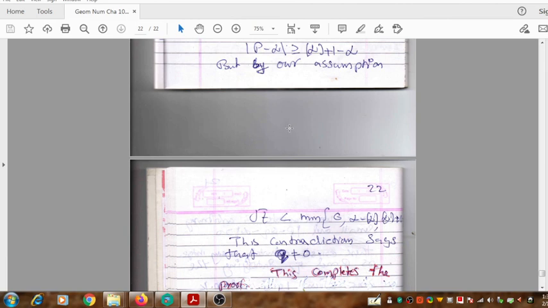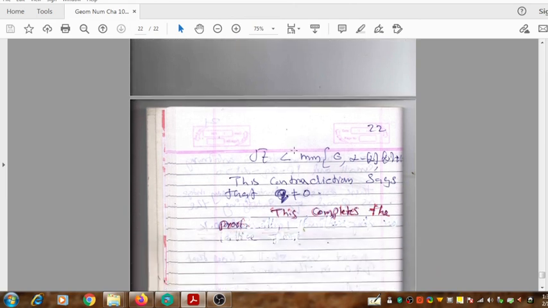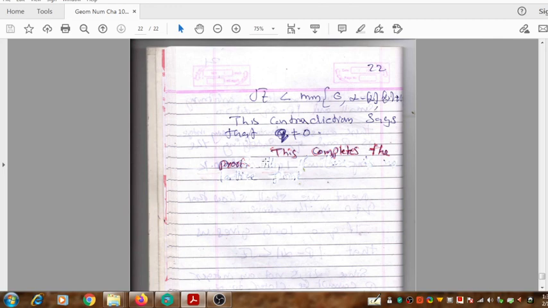In both cases we get a contradiction to the fact that root t is less than the minimum of these three quantities.